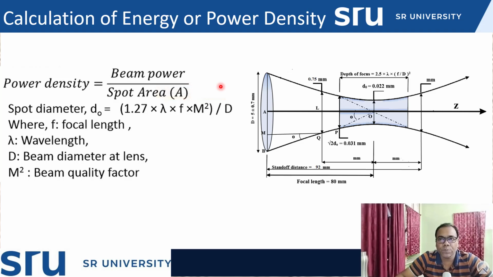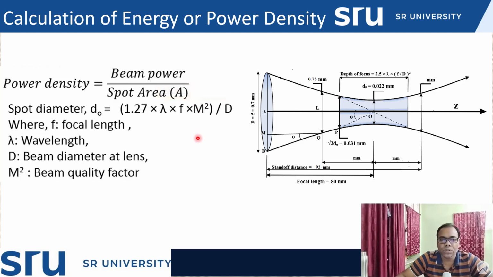For the spot area, one can calculate the spot diameter. Once you know the diameter, the spot area can be calculated. The diameter of the spot area can be calculated using this formula. In that formula you can see the frequency and the wavelength of the beam energy.